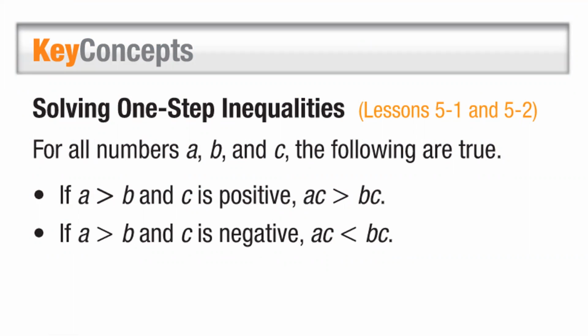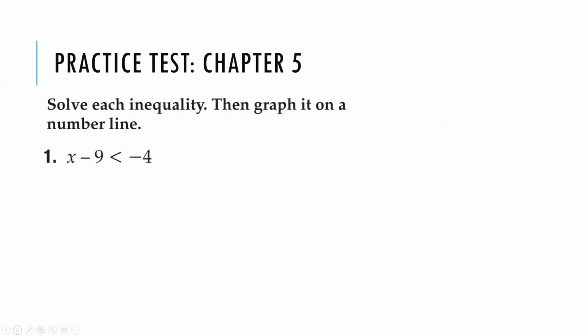The only difference is that when you multiply or divide by a negative, you have to flip the direction of the inequality symbol. Okay, so let's look at a few of these.